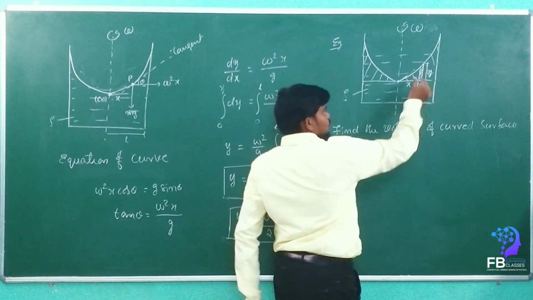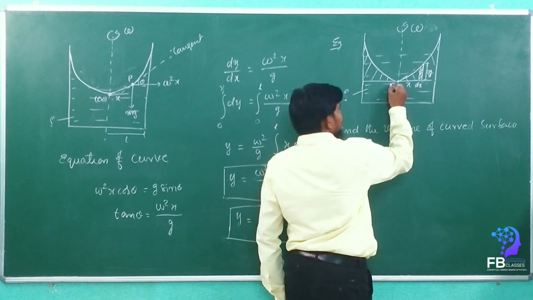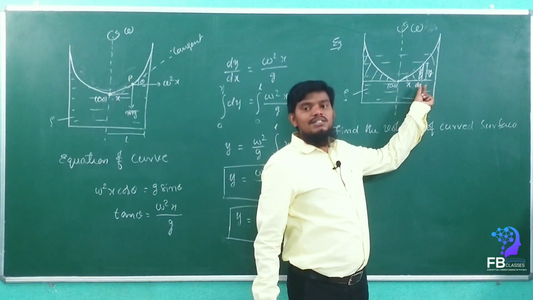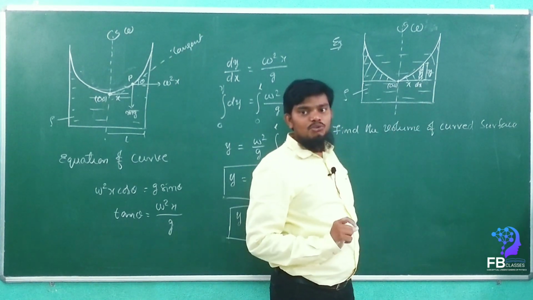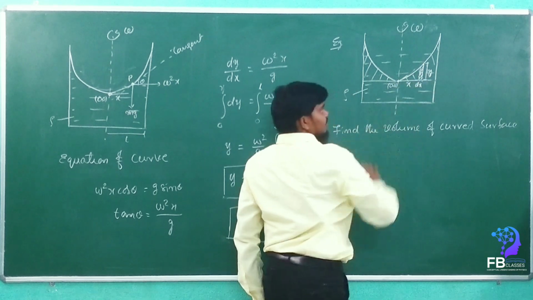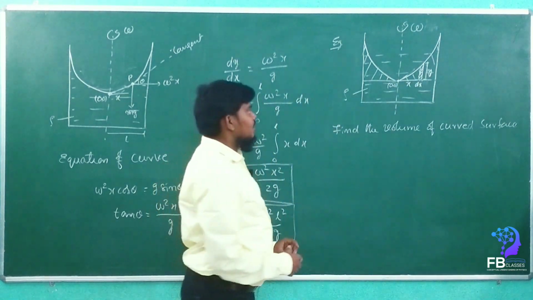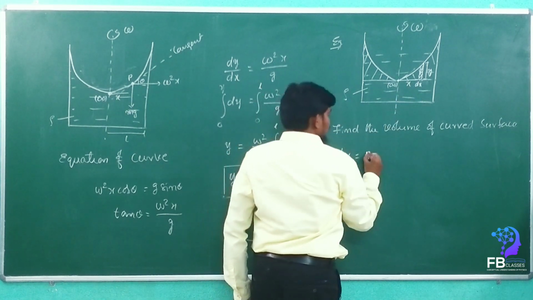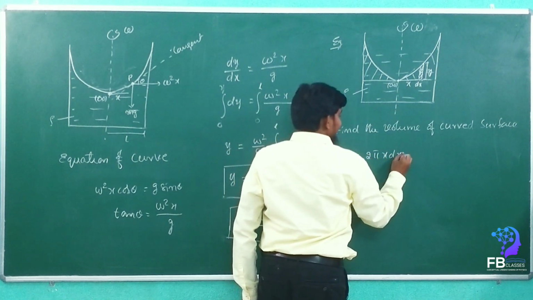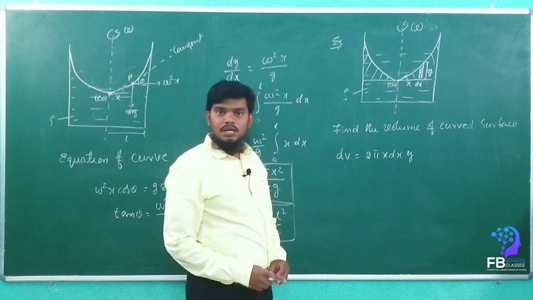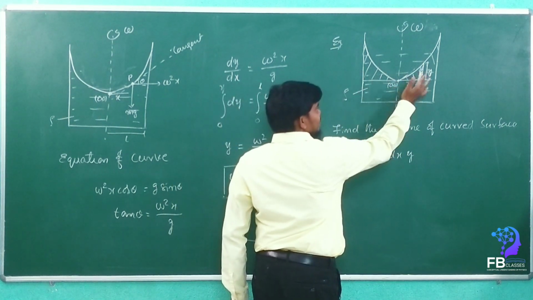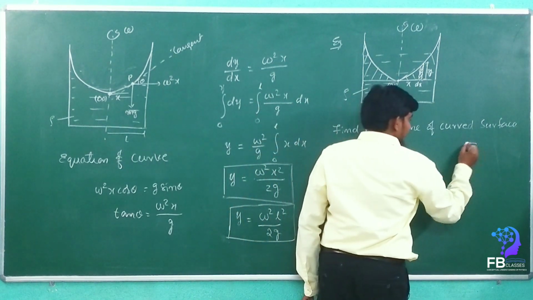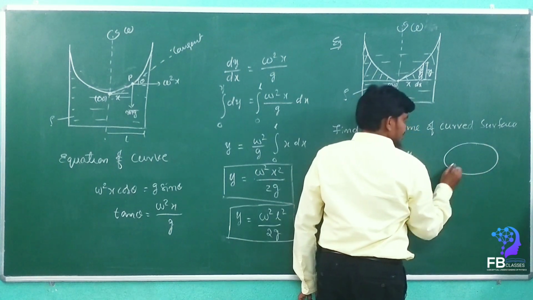We take the origin, from the origin we went x distance, we take the dx element with height y. Now this segment volume dv is equal to 2 pi x dx into y. That means this total segment area is 2 pi x dx. Yes or no? So this is the 3D imagination.